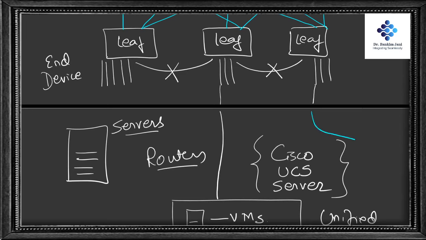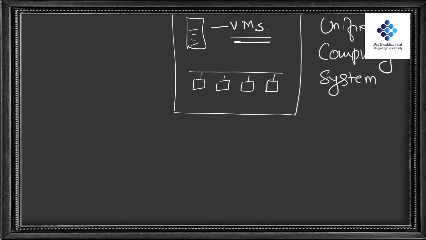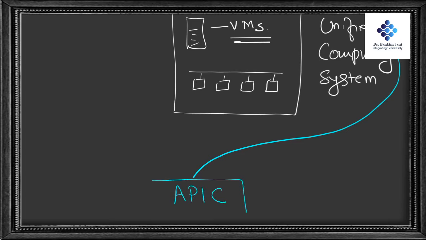Then it went all the way. Let's go, and remember, I'm drawing this simply to let you know that it is connected with that leaf switch, leaf device. And Cisco said, let's connect one more thing, and it is called the APIC.